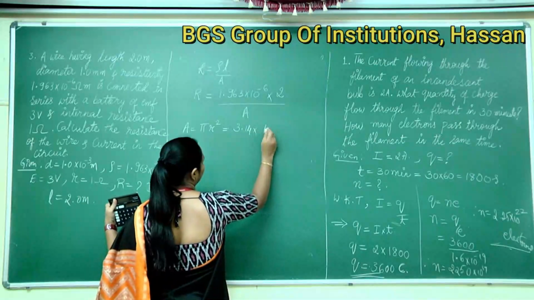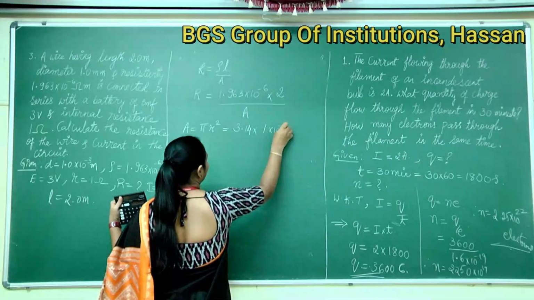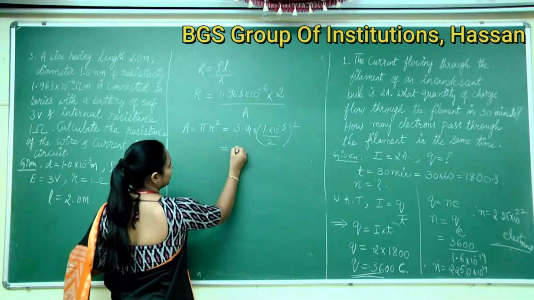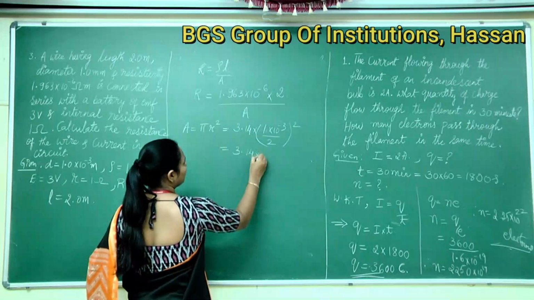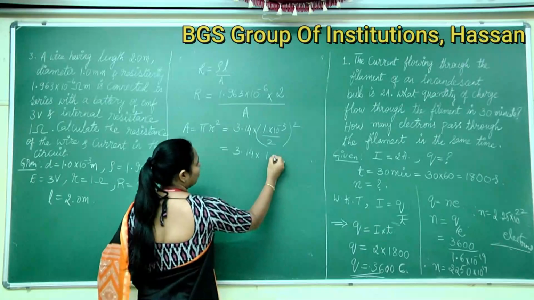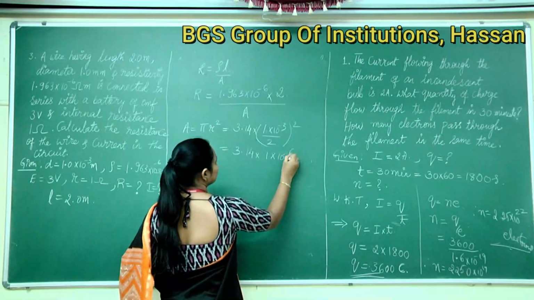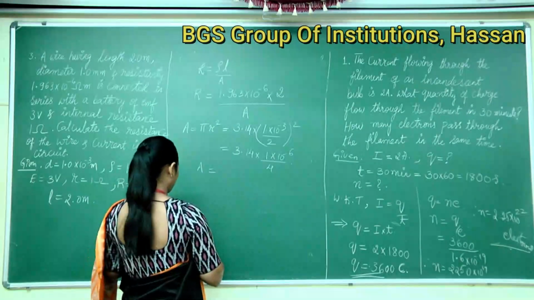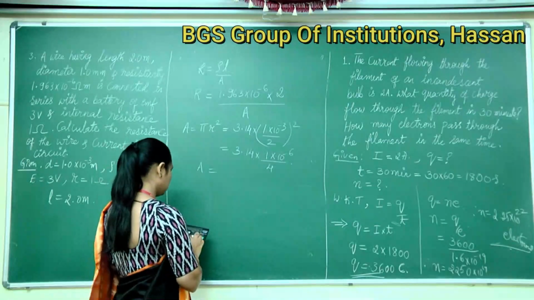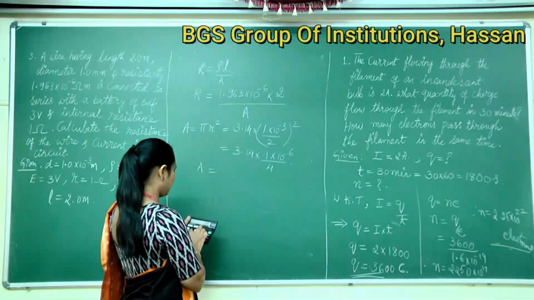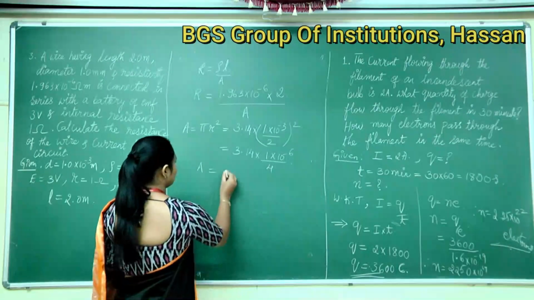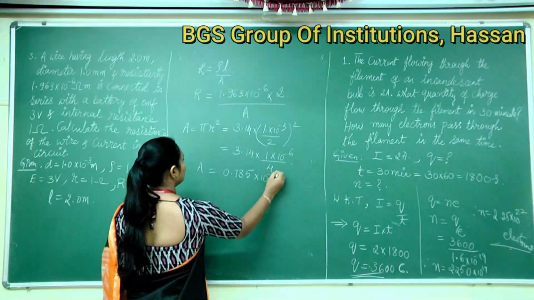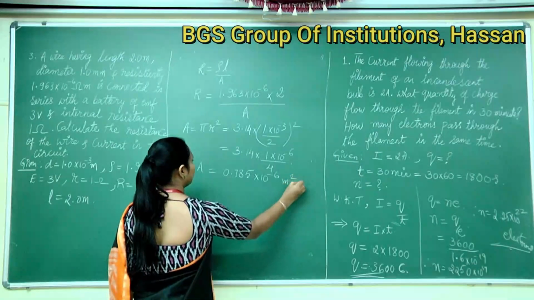So here it becomes 3.14 into 1 into 10 power minus 3 whole square divided by 4. Simplify this: 3.14 divided by 4, 0.785 into 10 power minus 6 meter square.